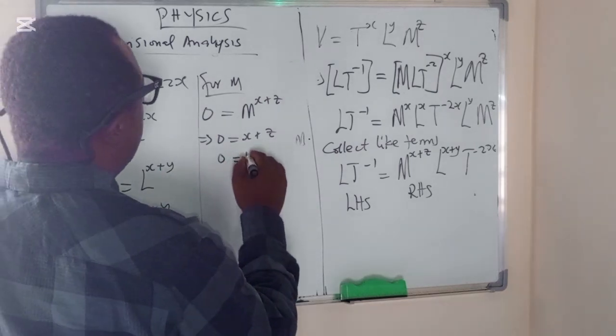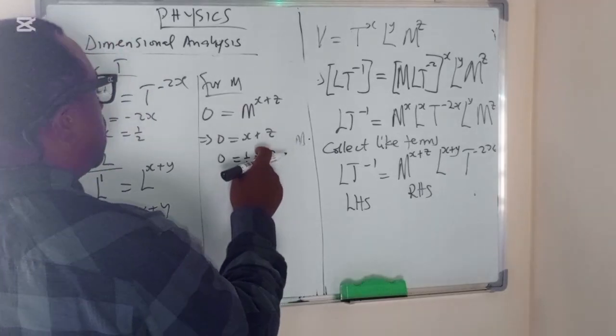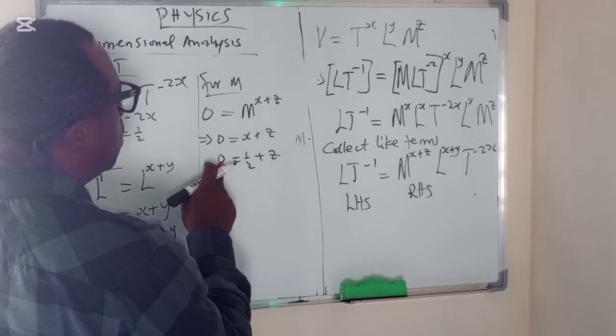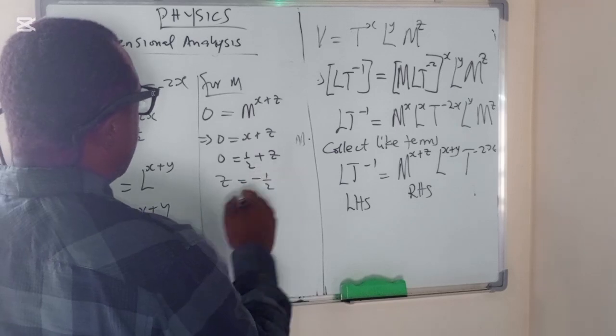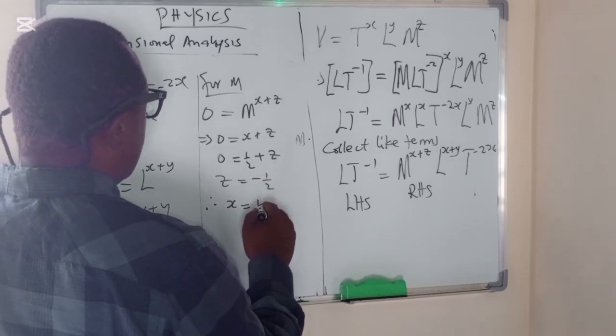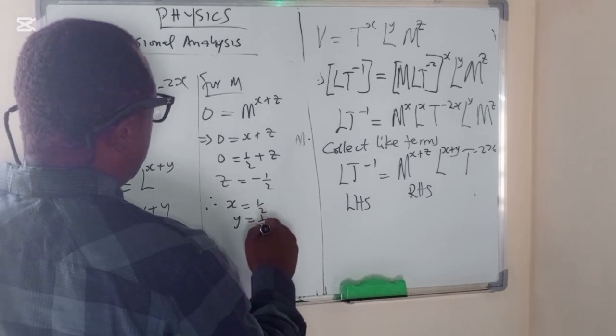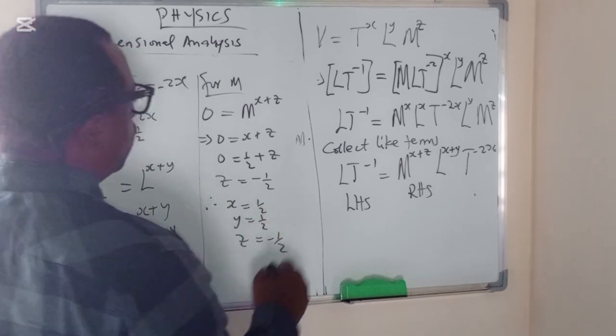So 0 is equal to half plus z. By the time you take this to the other side, it becomes minus. So you can say that z is equal to minus half. Therefore, x is equal to half, y is equal to half, z is equal to minus half.